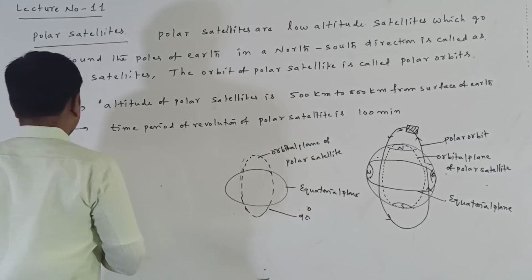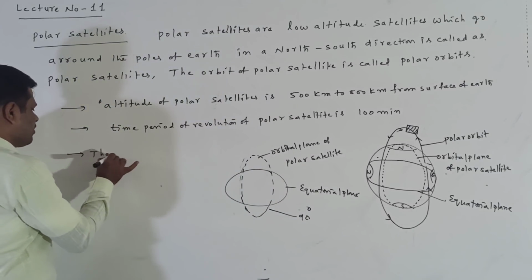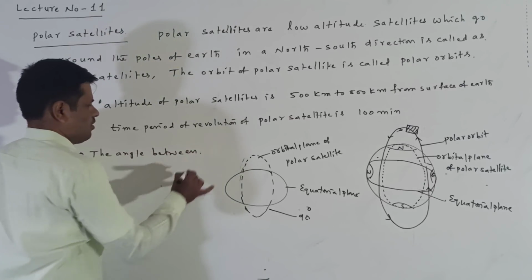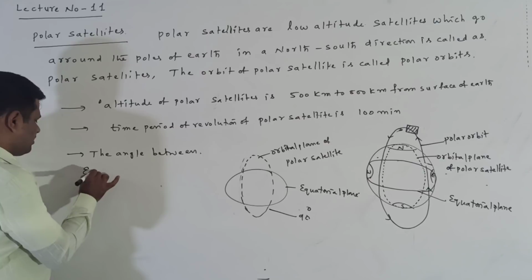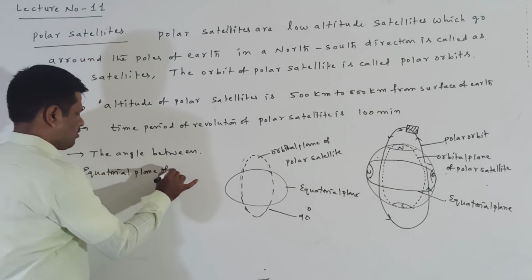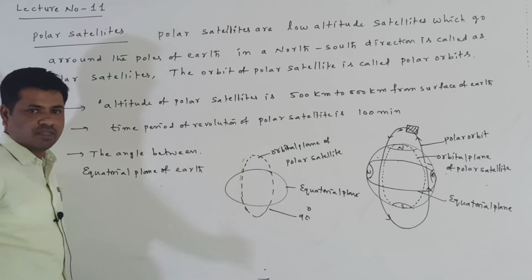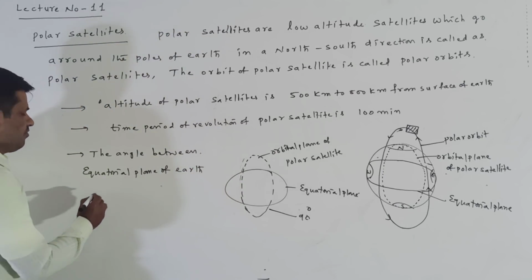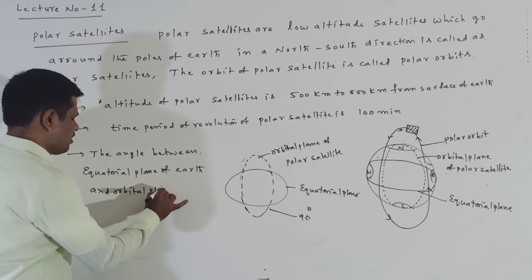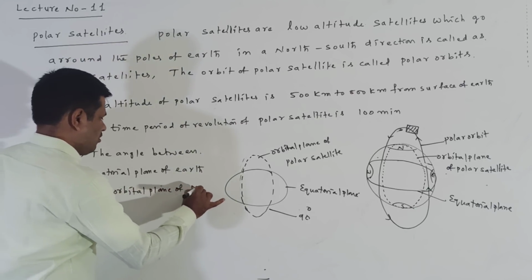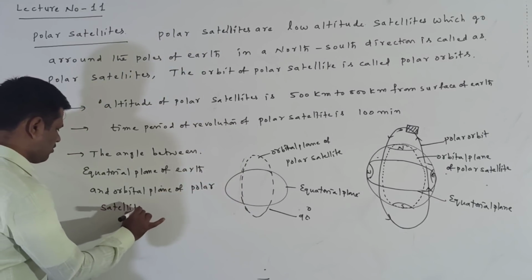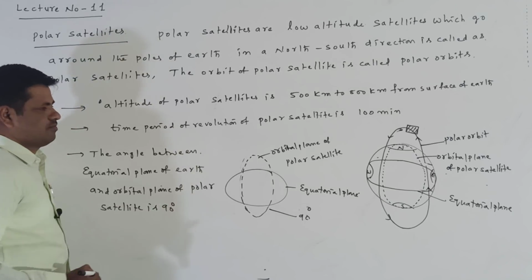Now that point I am writing here: the angle between the equatorial plane of Earth and the orbital plane of polar satellite is 90 degrees.